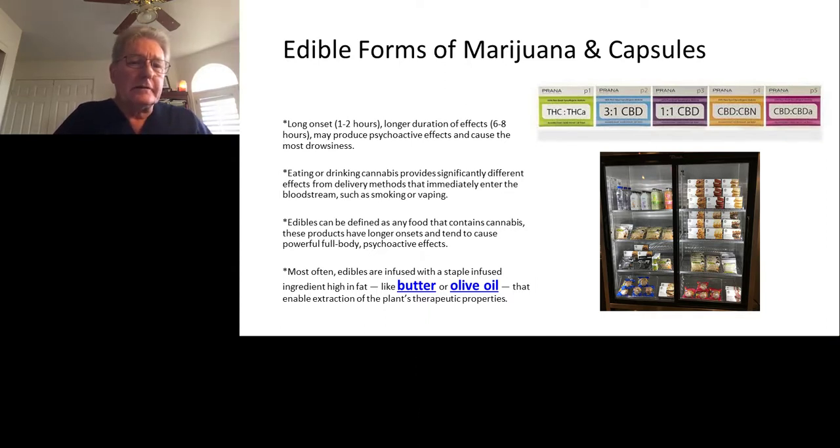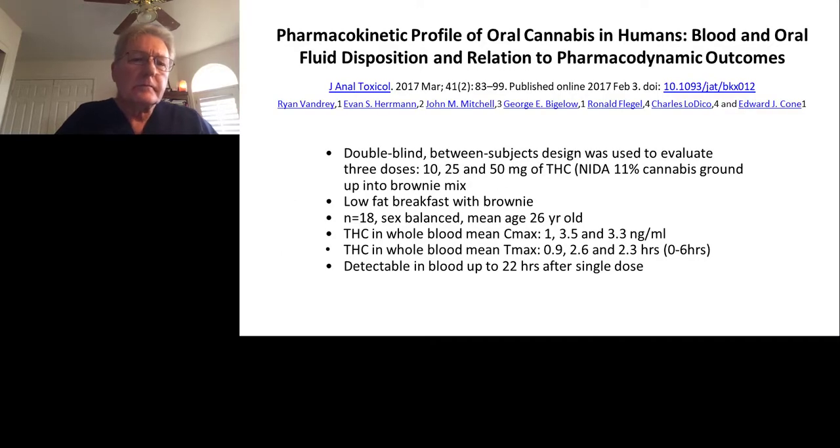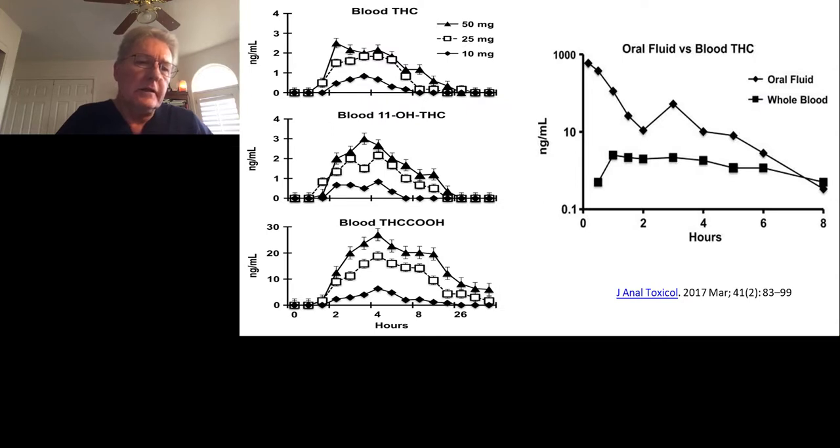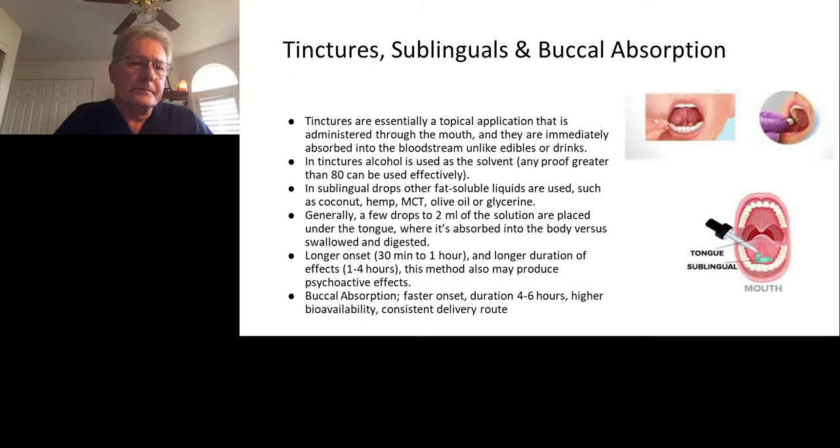So it's, again, a much more difficult route of administration to control. Here's a study that you can look at, looking at a 10, 25, and 50 milligram dose of THC and the blood levels that were observed in both the metabolites and THC. And it's clearly not linear.